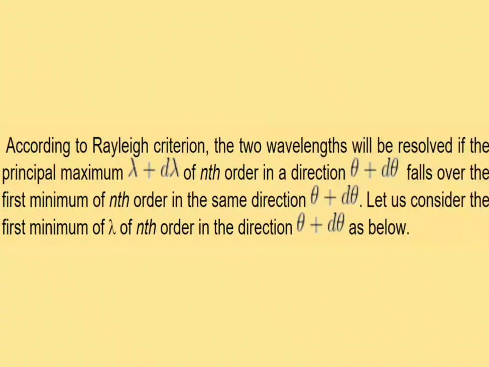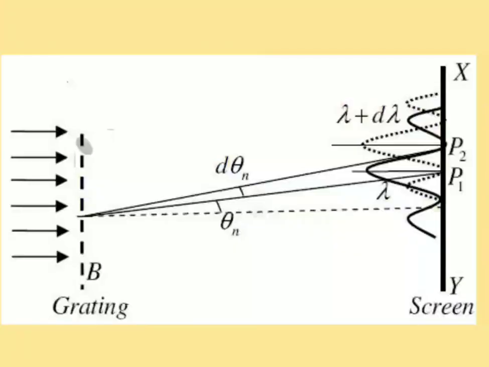That means, as the condition from Rayleigh's criterion, just resolved case, the lambda wavelength central maximum is at point P1 and the minima is at point P2.